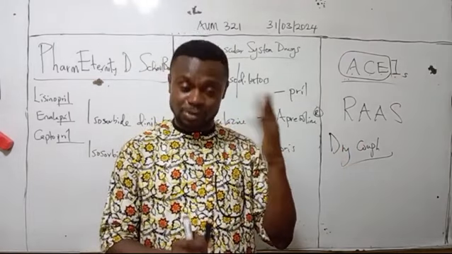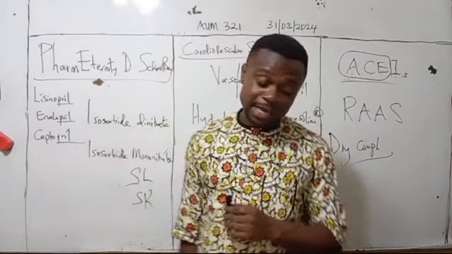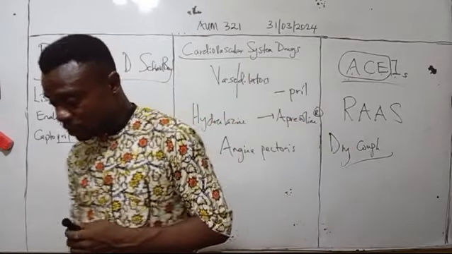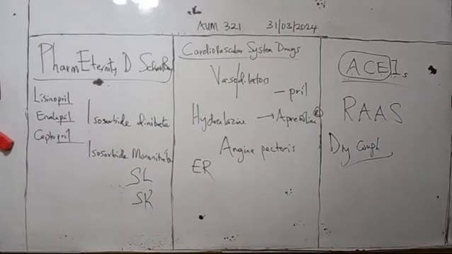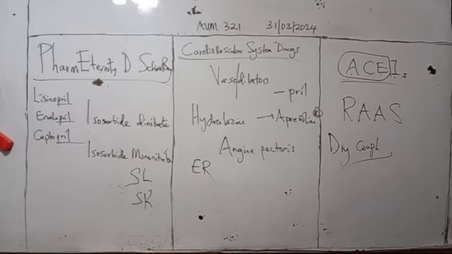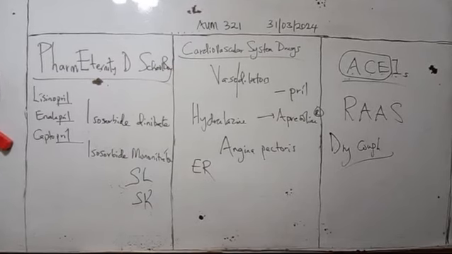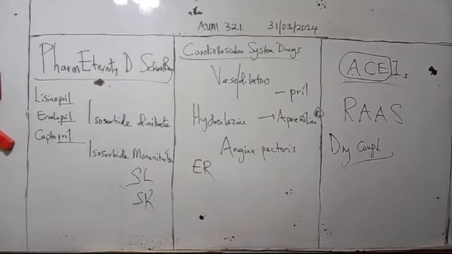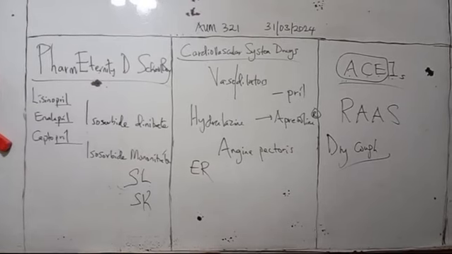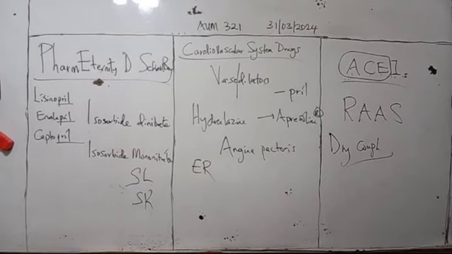Let's look at benazepril. This benazepril is in tablet dosage form, 5 milligram, 10 milligram, 20 milligram, and 40 milligram tablets. The 40 milligram is to be divided into 2 doses.